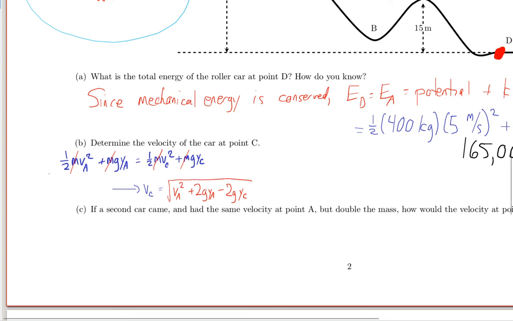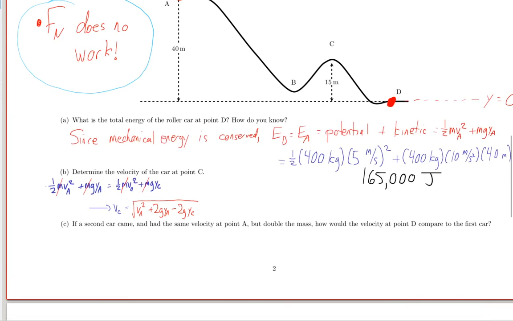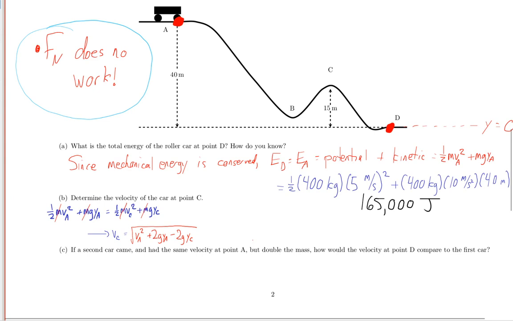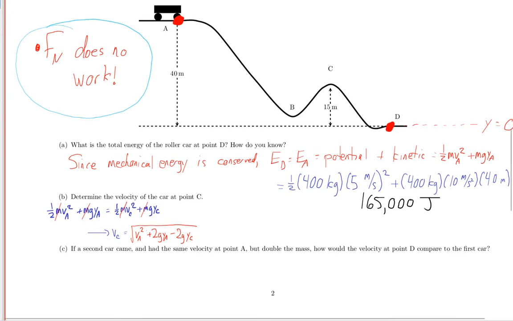And you all can put in the numbers. Notice these terms make sense. I'm going to be going faster at C if I start faster, if I start higher, but I'm going to be going slower at point C if point C is itself higher in the air.